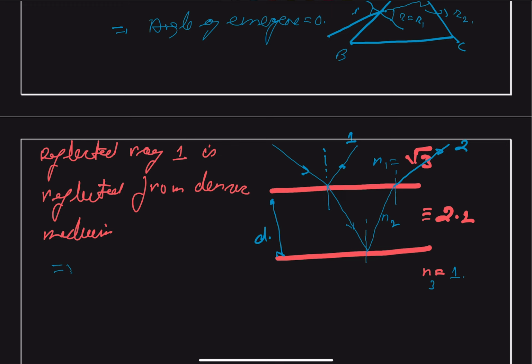So we can say for ray 1 there is a phase change of pi, and there is no phase change in the reflected ray 2.